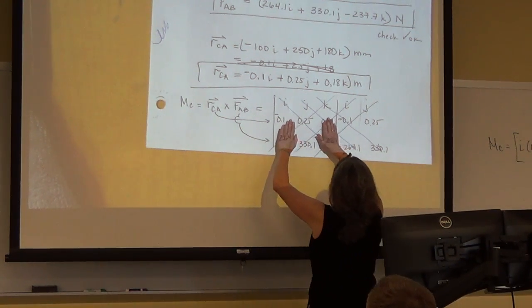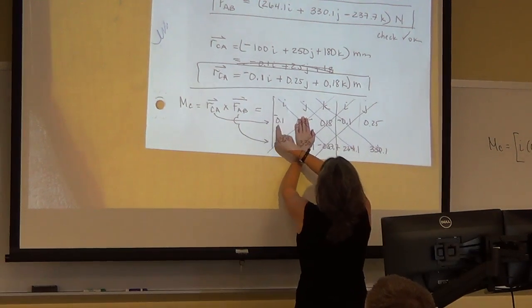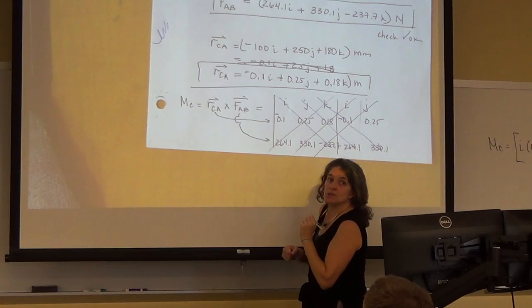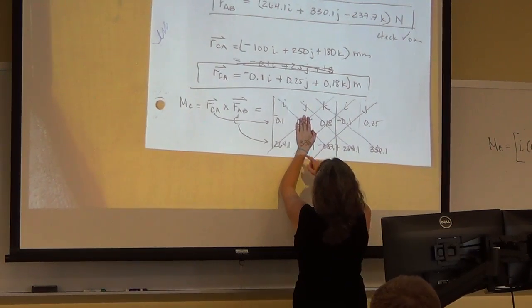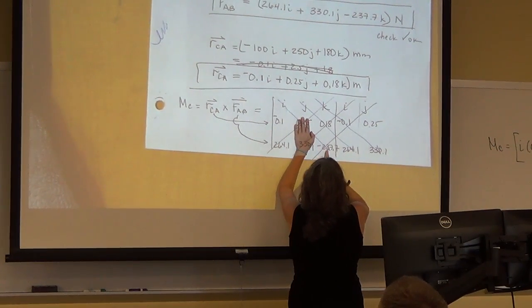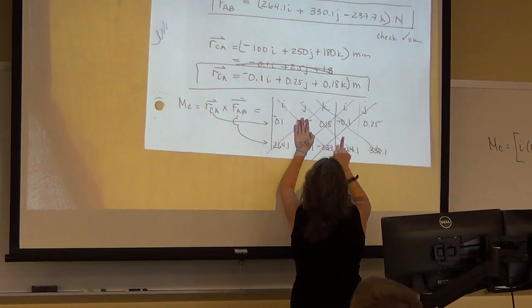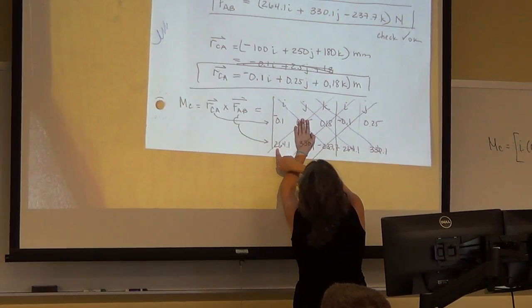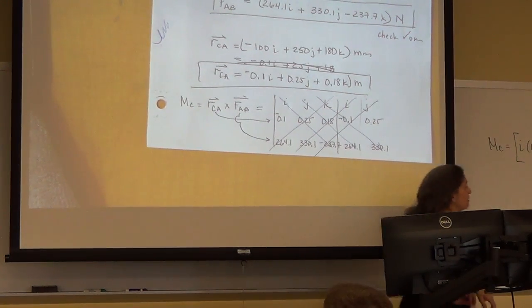Then this way, what are we doing, j? So look, I'm covering up j. It's negative 0.1 times, everybody don't talk, just look. I'm covering up j. Negative 0.1 times negative 237.7 minus 0.18 times 264.1. So let me write that up over here.